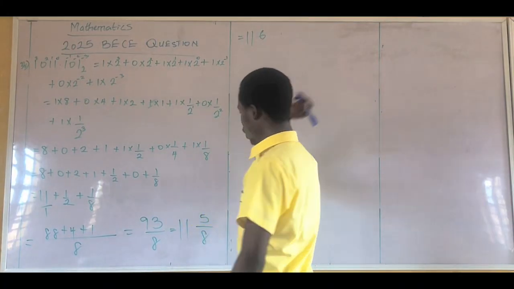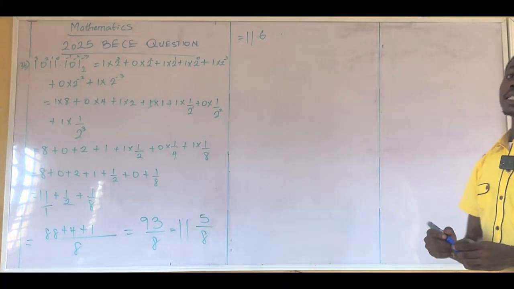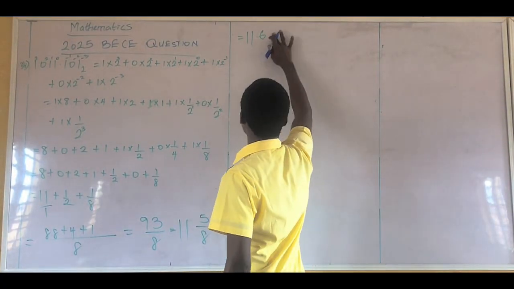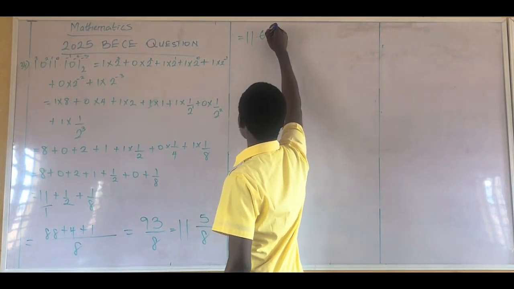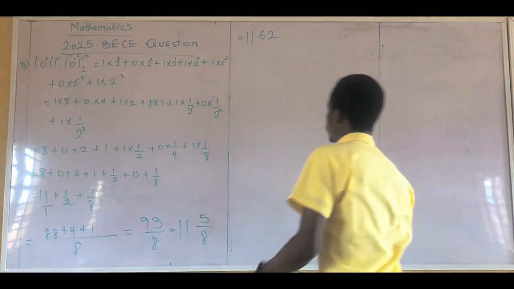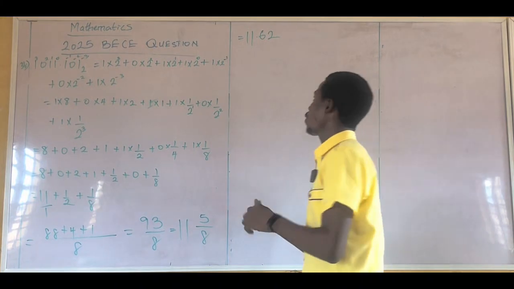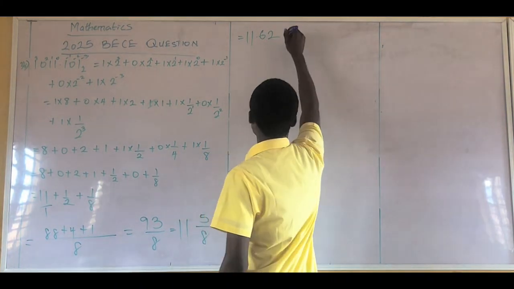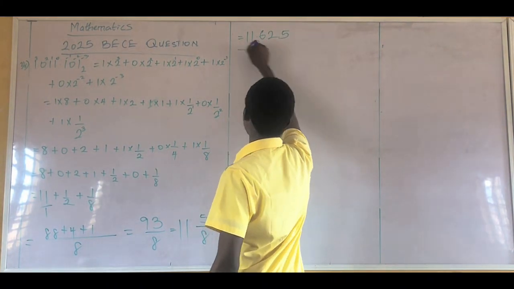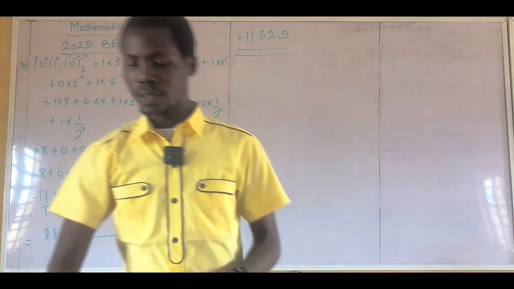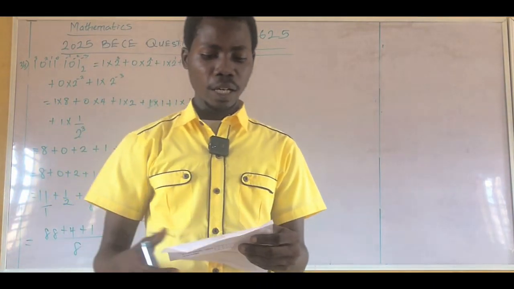Remainder 2. 8 in 20, that's going to be 2. Remainder 4. Okay, add 0 to 4. 8 in 40, that is going to give you 5. So final answer is going to be 11.625. Okay, I hope you got that right.